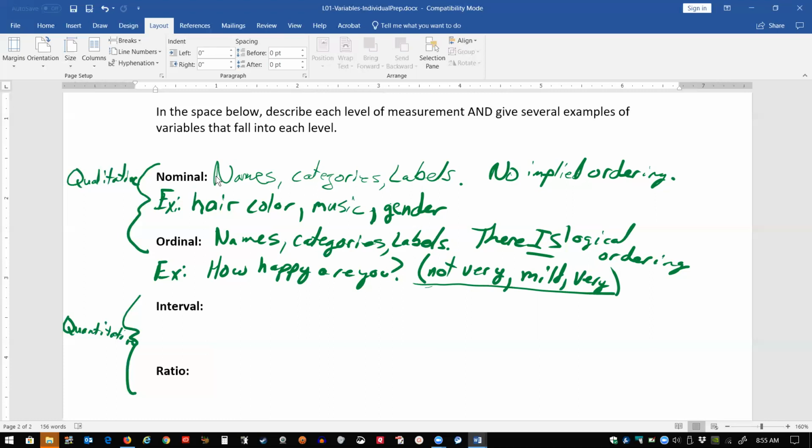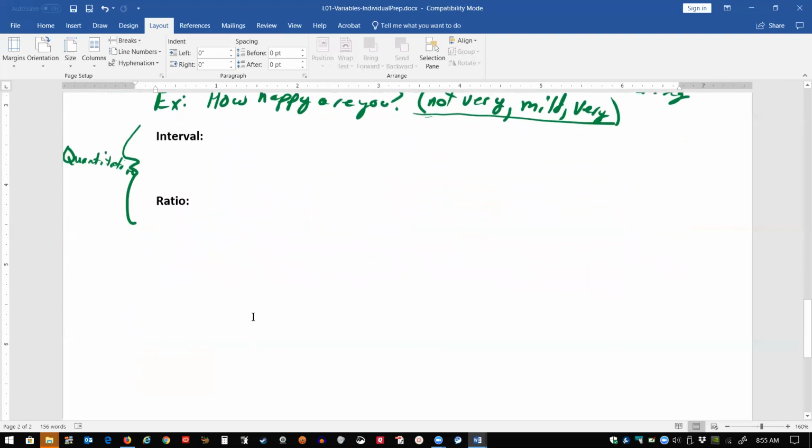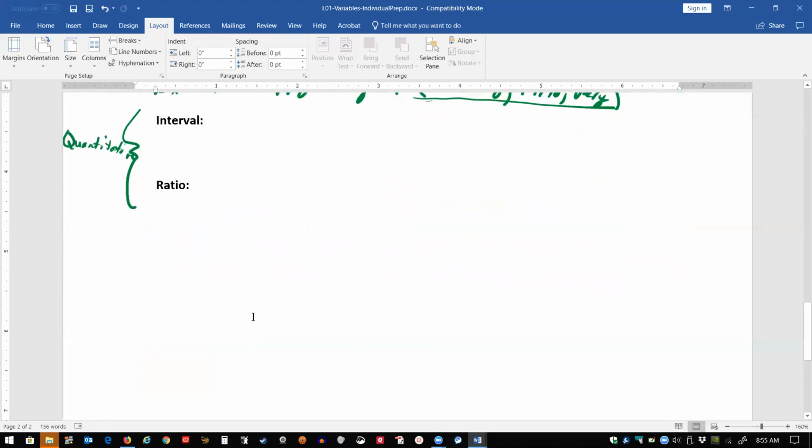Okay, so jumping to the quantitative category, there's two specific types, or two levels of measurement. The first one is an interval level of measurement. Okay, so again, note for quantitative variables, order always matters, right?